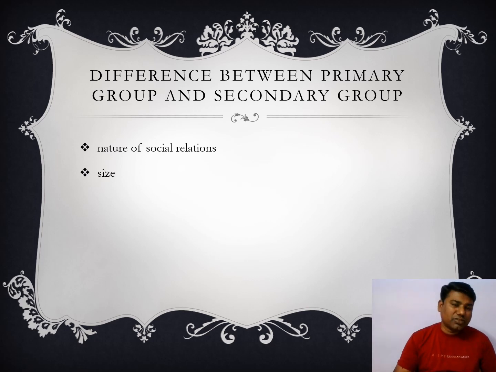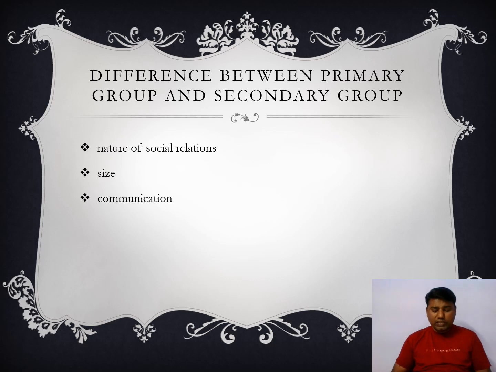Secondly, size. The primary group is smaller in size, whereas secondary groups are larger in size. In terms of communication, there is direct, quick, and effective communication among the members of primary group, whereas the communication is indirect in secondary group.